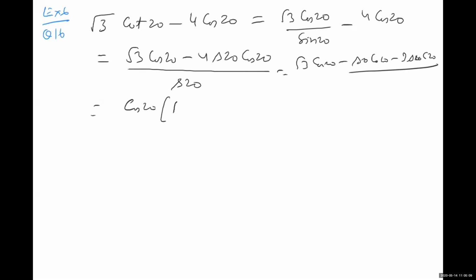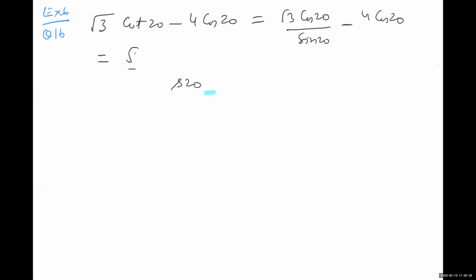What is left? Root 3 minus sin 20. Okay, no, that only we have to go. I think some small mistake we may have made. So this is correct only.